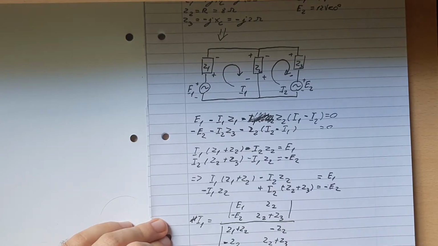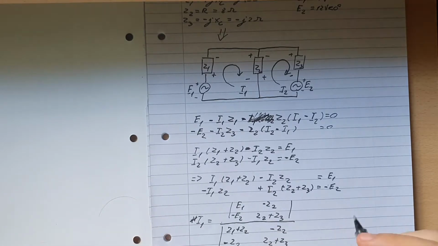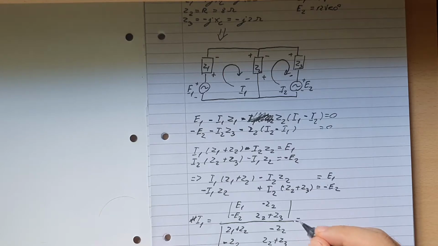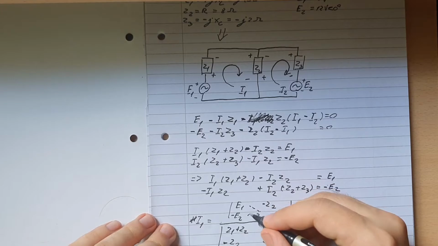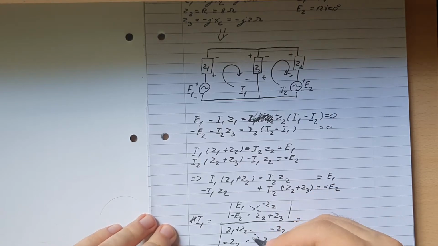Actually, this one is minus Z2 as well. Sorry about that. I almost forgot to put the signs. Okay, and then we can also rewrite them, because we need to multiply them across.